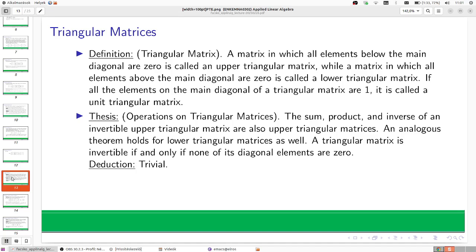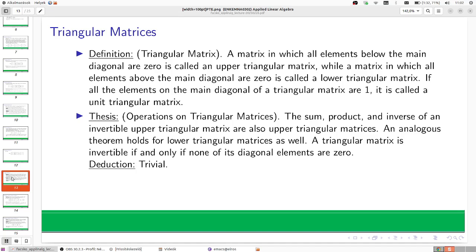We have talked about triangular matrices. This matrix has no non-zero element above or below the main diagonal. It's upper triangular if there is no element below the main diagonal, and it's lower triangular if there is no non-zero element above the main diagonal.